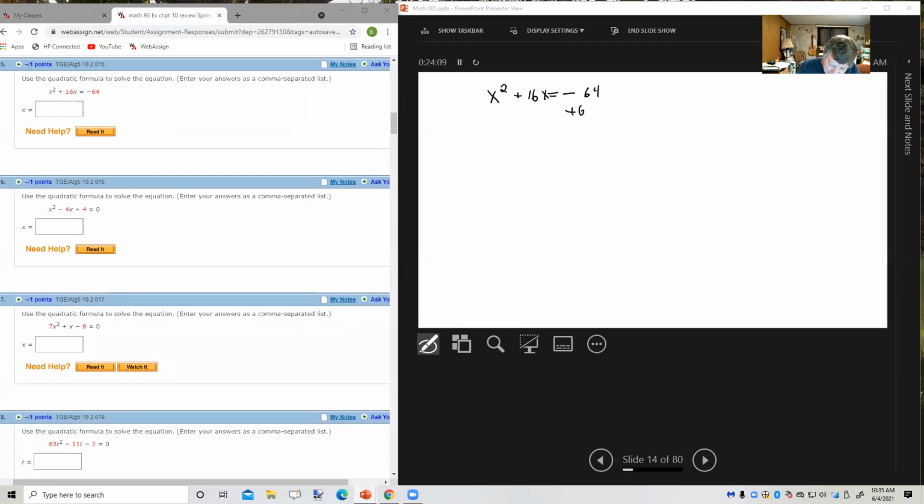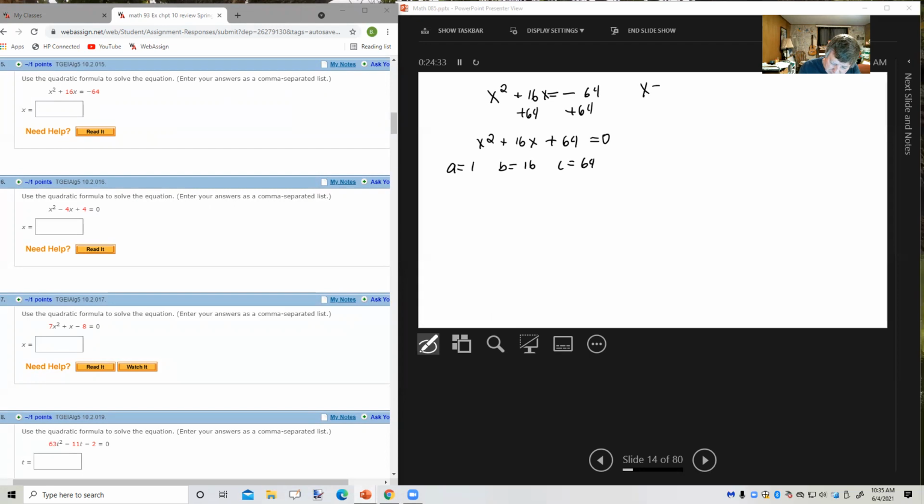So we're going to add 64 to both sides of the equation to put this second degree or quadratic equation in standard form. Descending powers of the variable, everything set equal to 0 on the other side of the equation. So now A is 1, B is 16, and C is 64.